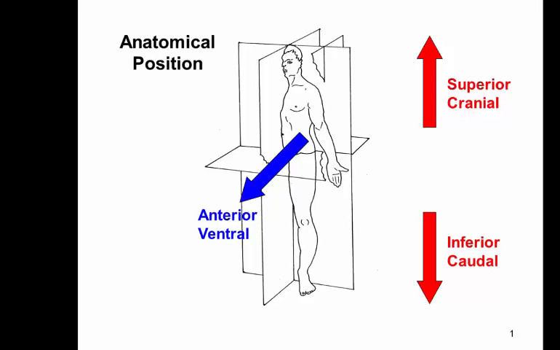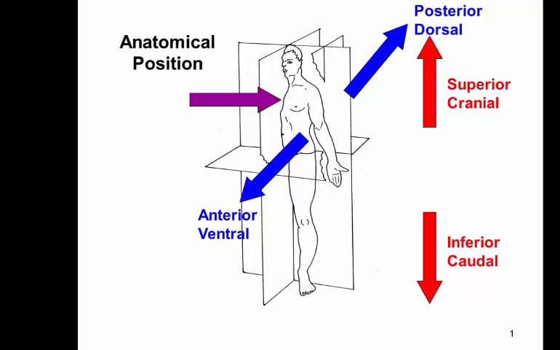That's an example of the use of the term anterior. The opposite of that is posterior or dorsal, and this refers to structures towards the back of the body. So the spine, or your vertebral column, would be described as being located posterior to the heart.